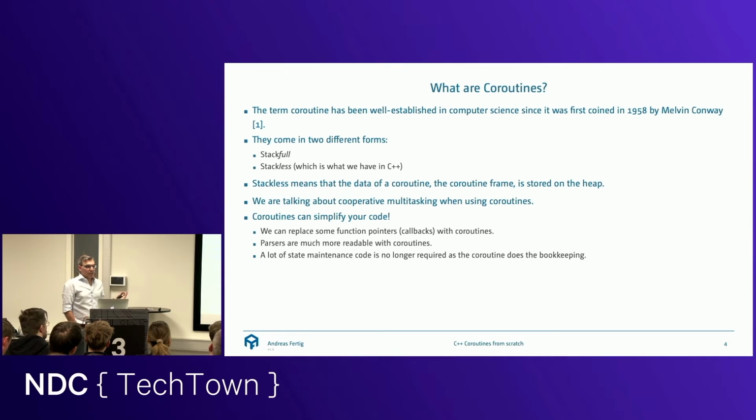The benefit of coroutines is that they can simplify your code. We can replace some function pointers, aka callbacks, with coroutines and make our control flow easier to read. Parsers especially become much more readable once you start using coroutines, because we no longer have to maintain the state.